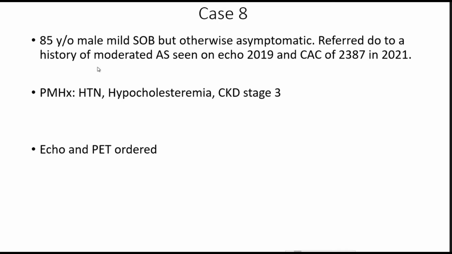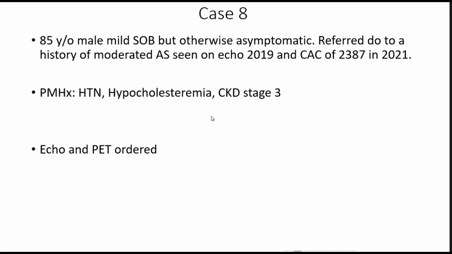So we have an older gentleman who has some mild shortness of breath, is otherwise denies symptoms. He does have a history of moderate AS, and that was documented by an echo in 2019. He ended up having a coronary artery calcium score in 2021, which demonstrated that he's got significant coronary calcification.